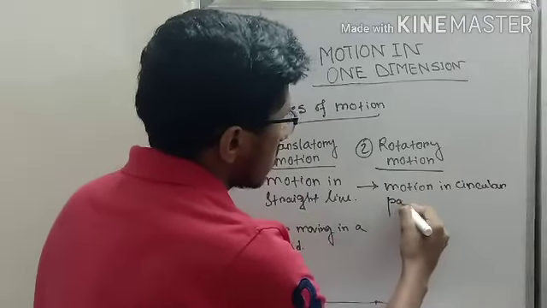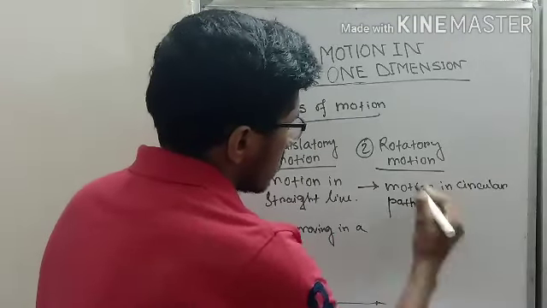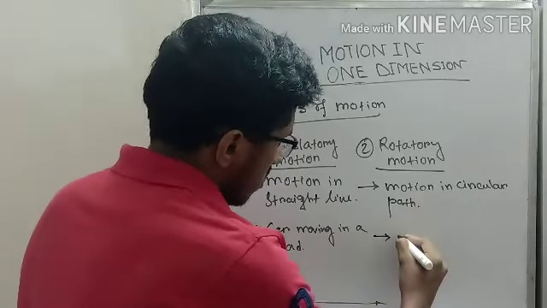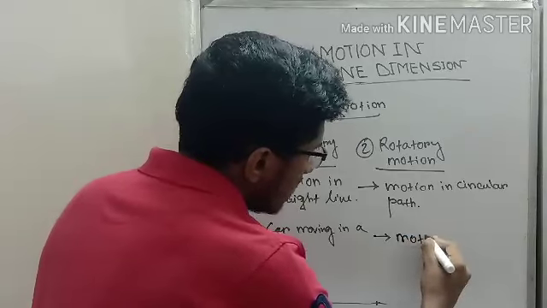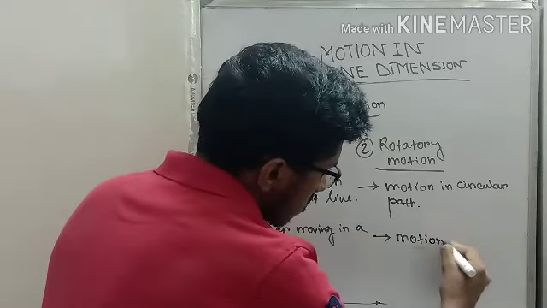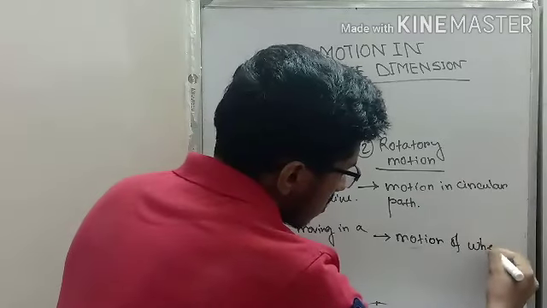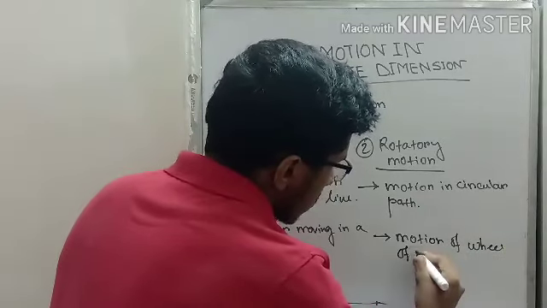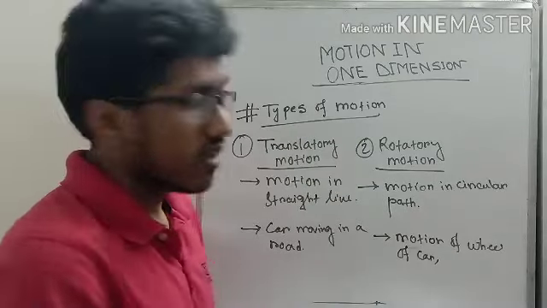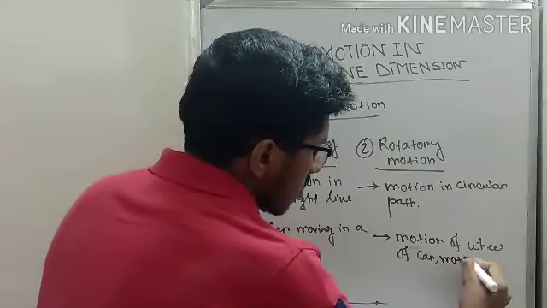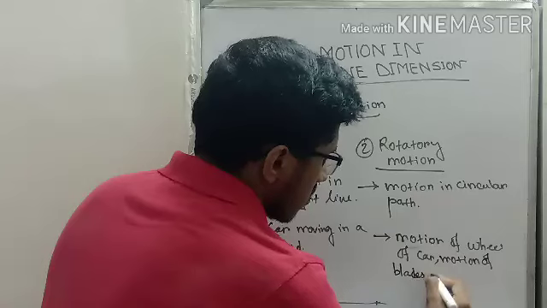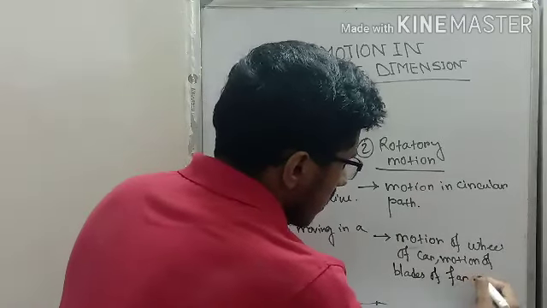Example: motion of the wheels of a car, motion of the blades of a fan, etc.